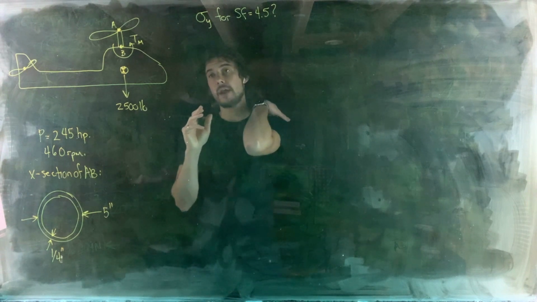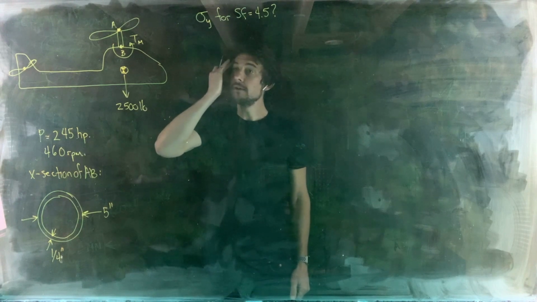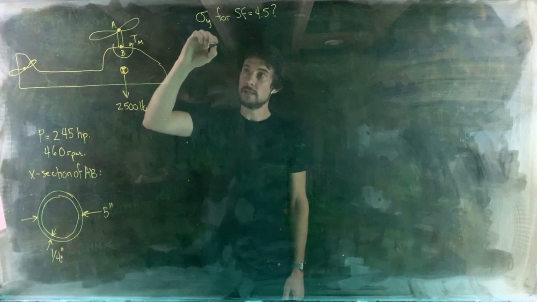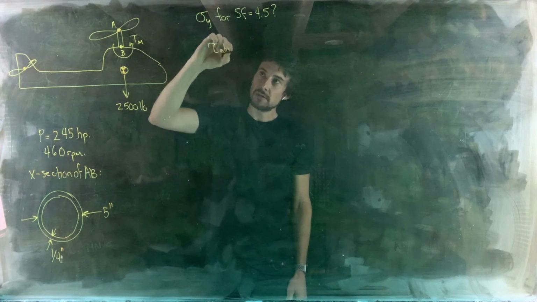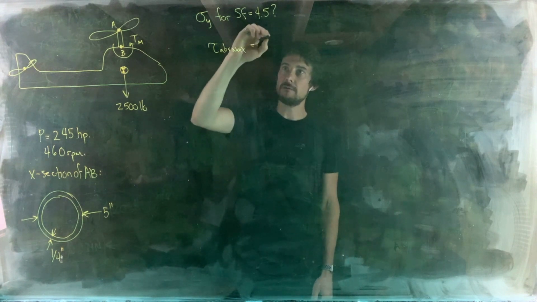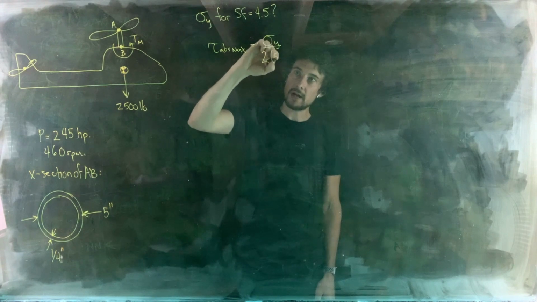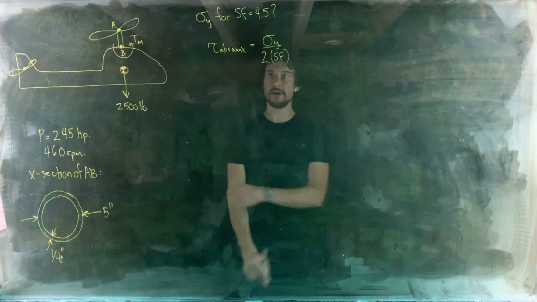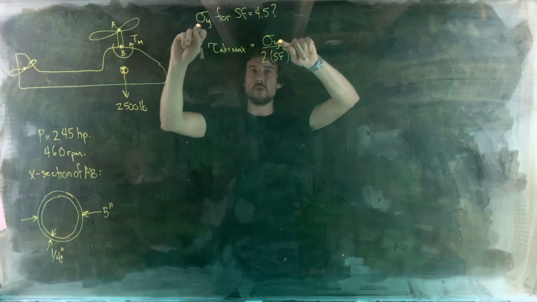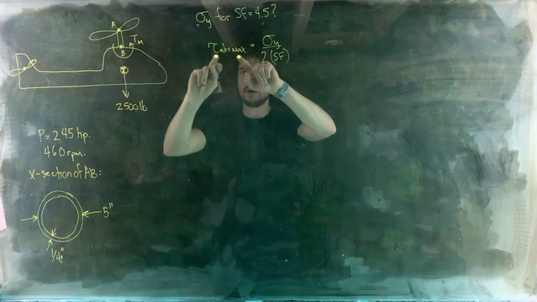The absolute maximum shear stress theory says that failure of a ductile material will occur when the absolute maximum shear stress in the material reaches a value of the material's yield strength divided by 2 times the safety factor. Okay. So sigma y is what we want. Safety factor we have to solve the problem.